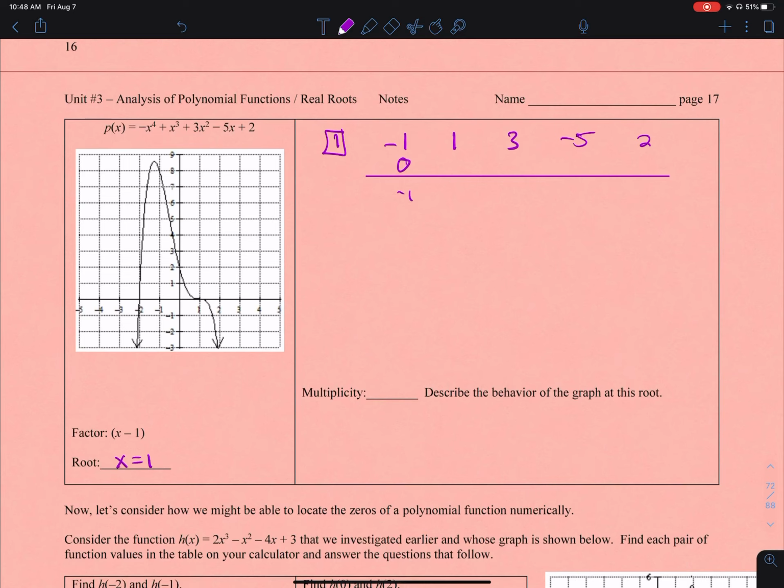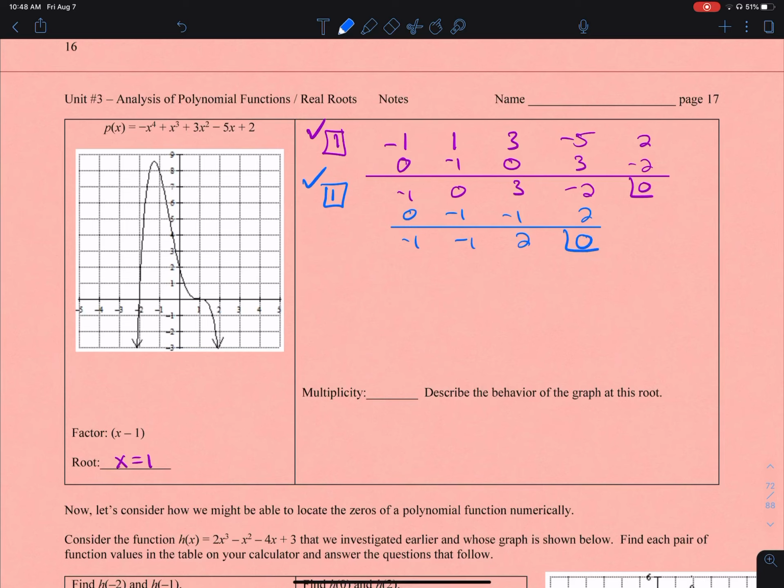So I add and I multiply, and I add and I multiply, and I add and I multiply, and I add and I multiply. So it works once for sure. Let's try again. Add and multiply, add and multiply, add and multiply.